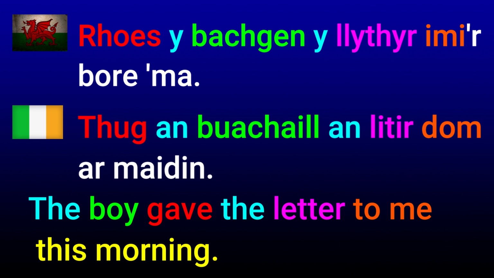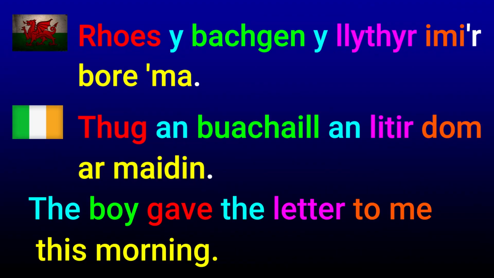I mi, to me. So we conjugate the preposition in Welsh, and it's the same thing in Irish. Dom, that M in Irish, shows you that it's me. Bore 'ma, this morning, literally, morning here. Ar maidin in Irish.